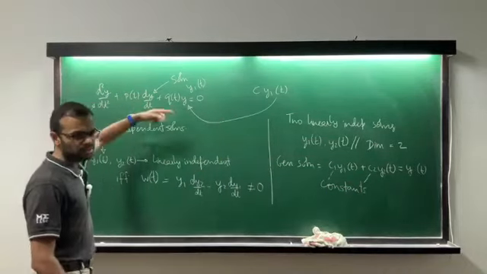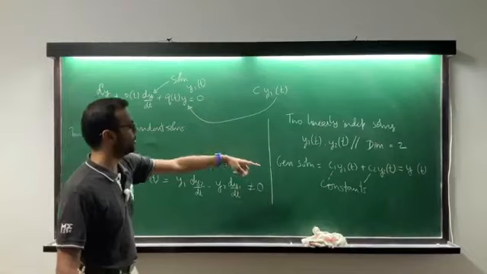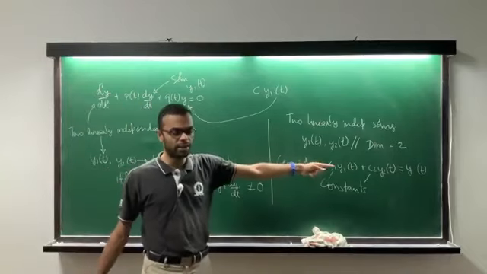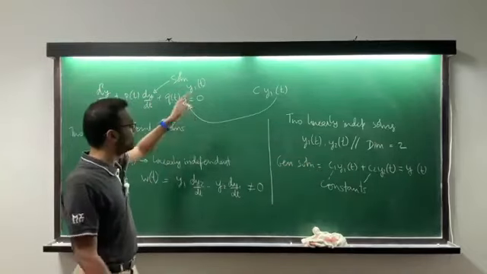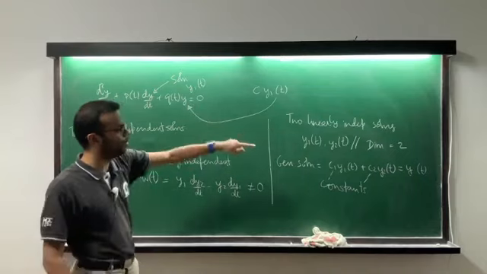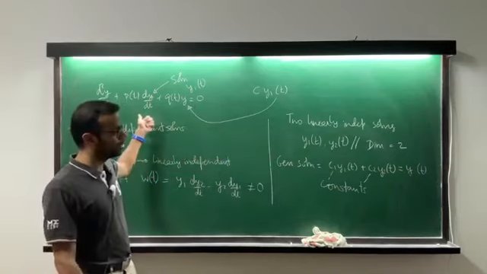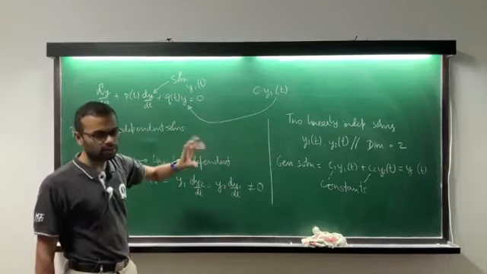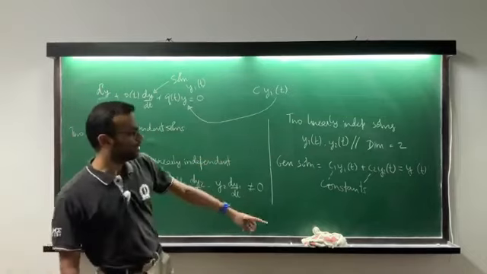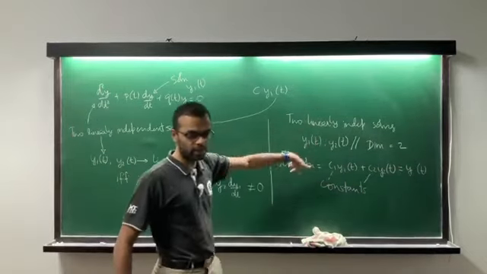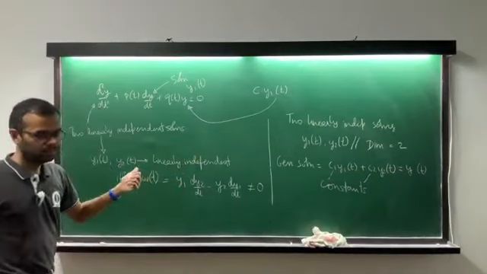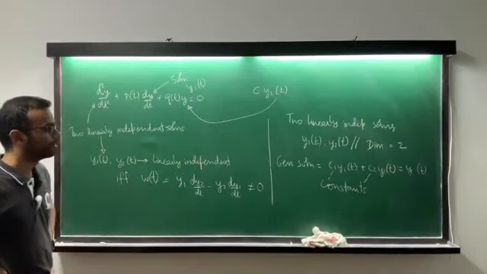All the derivatives will do the same thing, and if I substitute that and add all the terms up, you will get c1 times this equation with y1 plus c2 times this equation with y2. Since y1 and y2 are solutions, each of them is equal to 0, so the right hand side will be equal to 0. So this y of t will in general satisfy that if y1 and y2 satisfy that. That's how you build a general solution.